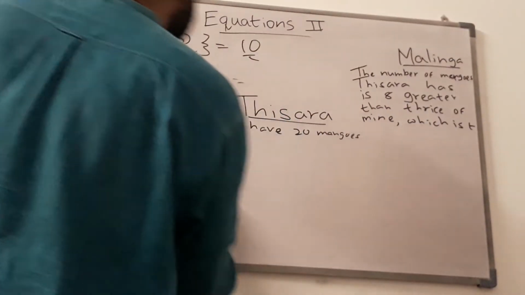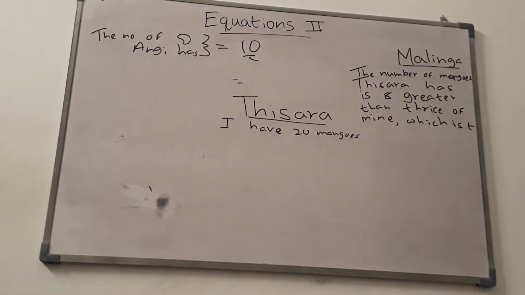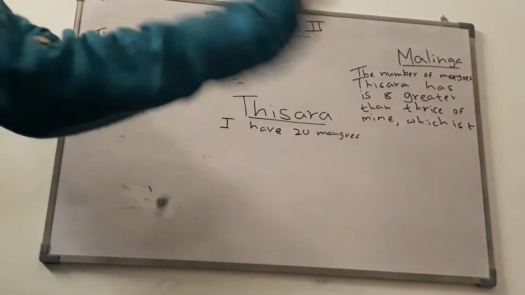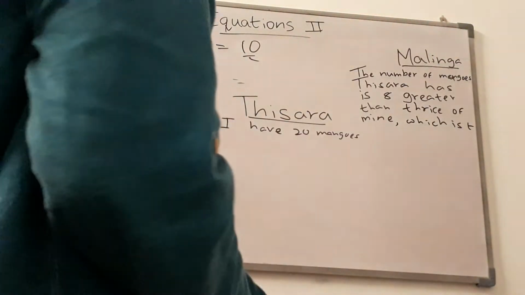Once we solve this equation, next is the statement given by Malinga. That is, the number of mangoes Tissara has is 8 greater than thrice of mine.